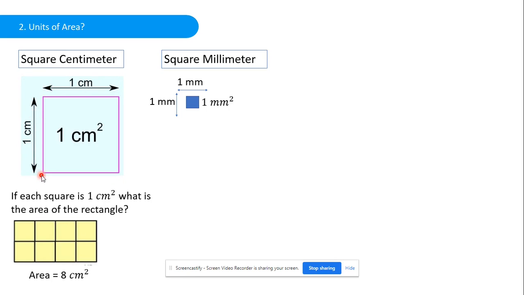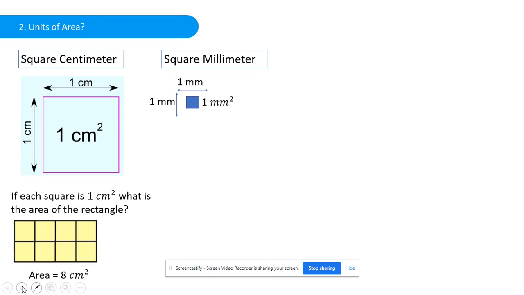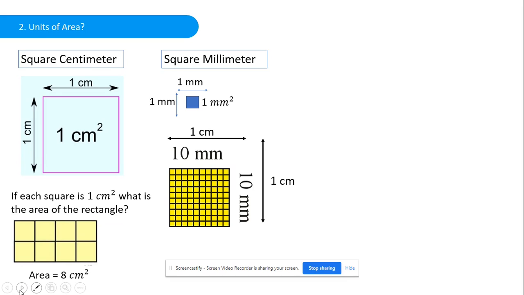And this 1 centimetre line would be made up of 10 millimetres. So what that means is we should see something like this. 1 centimetre would be 10 millimetres long and then 10 millimetres long.